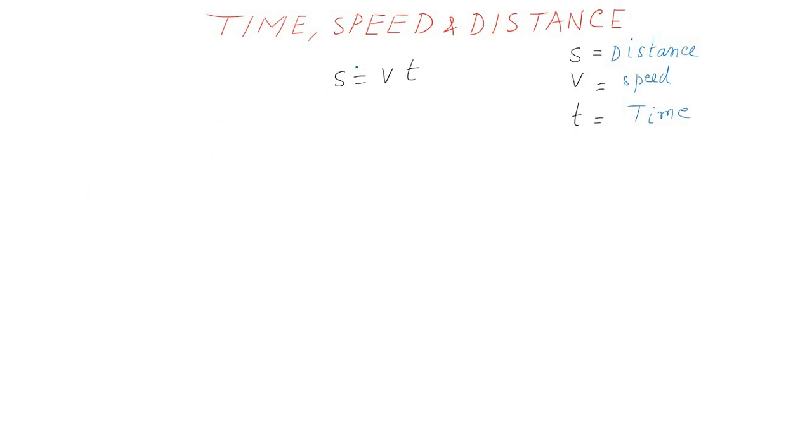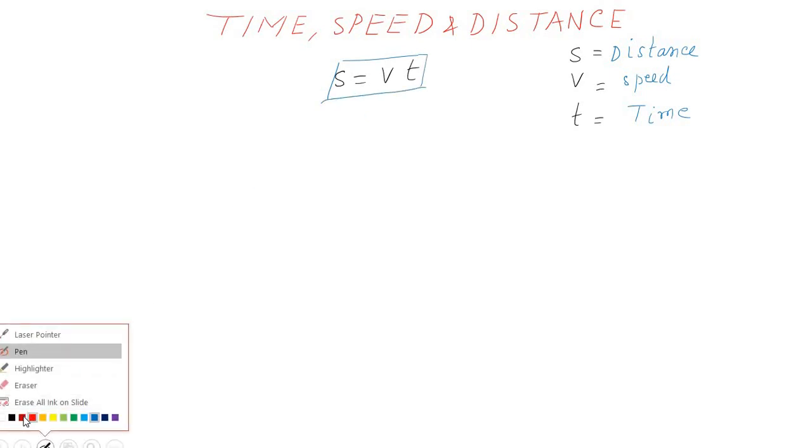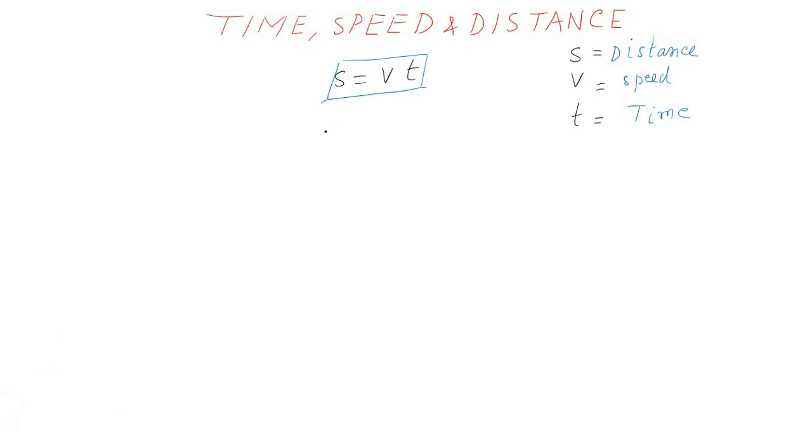Once we know this equation, we can derive the other two forms, which are the equation of speed and the equation of time. Speed will be equal to S by t.